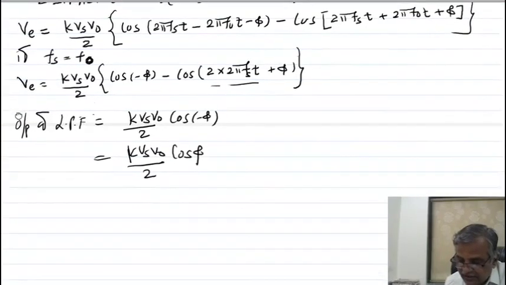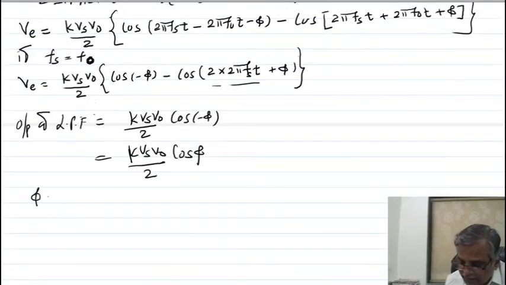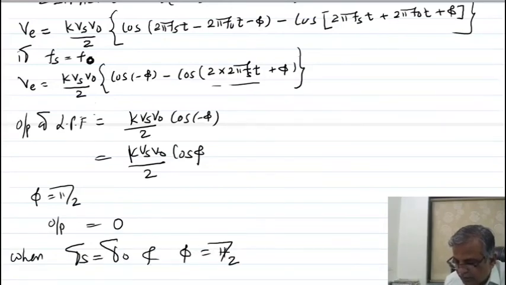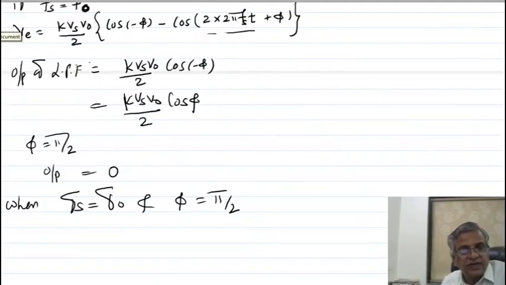This equation indicates that when phi is pi by 2, the output will be 0. This shows that when the input frequency Fs is equal to Fo and the phase is pi by 2, the output of the low pass filter is 0 and the PLL obtains the perfect lock.